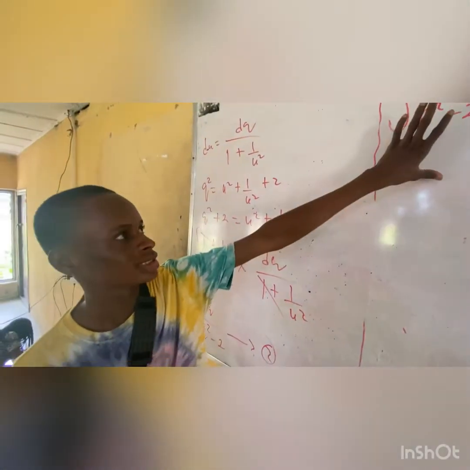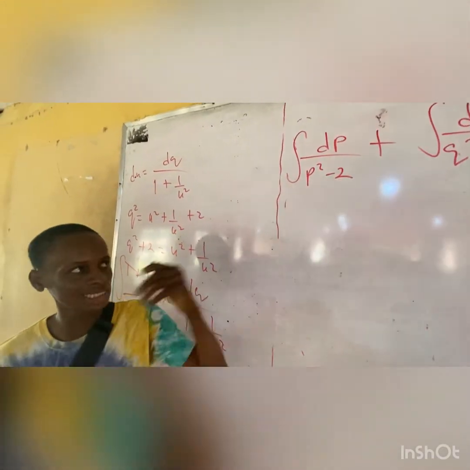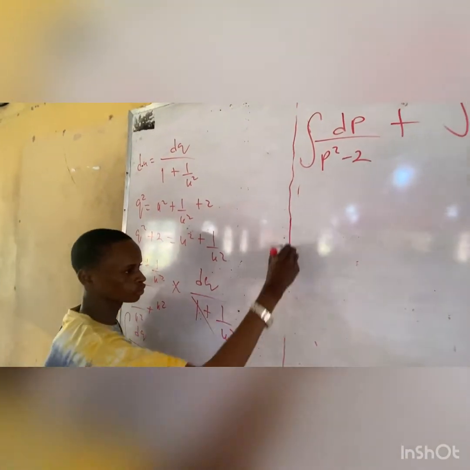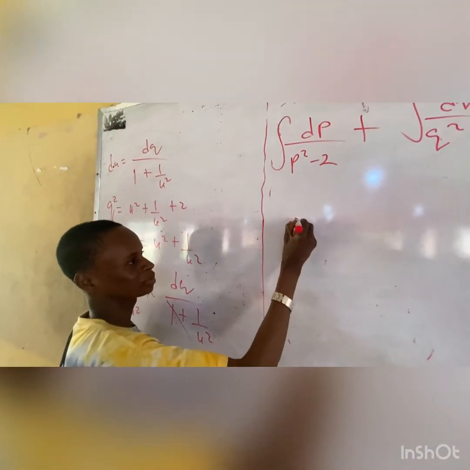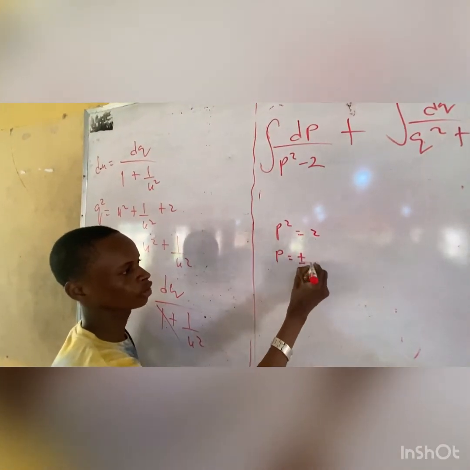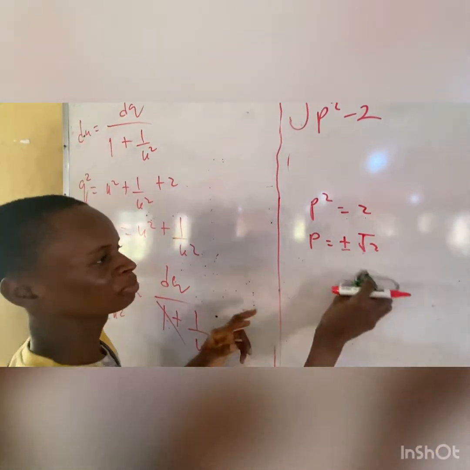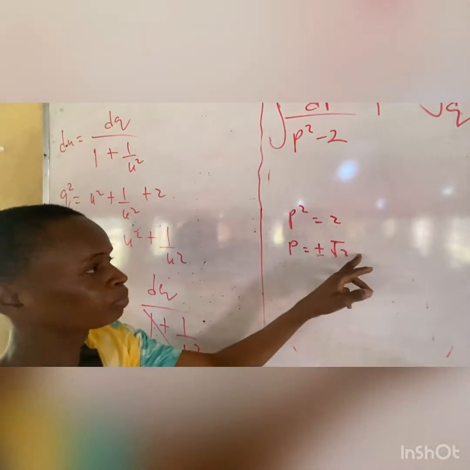So looking at this, we can split this integral. If you take the square root, if you bring p squared outside, p squared is equal to 2. When you take the square root, this becomes p is equal to plus or minus root 2. So when you take the difference of two squares, that will be p minus root 2 and p plus root 2.